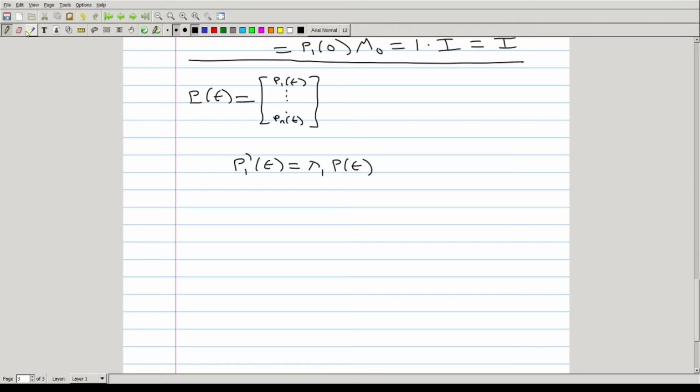I'll omit the dependence on t here just to simplify the notation.